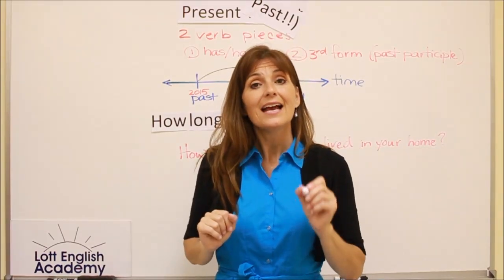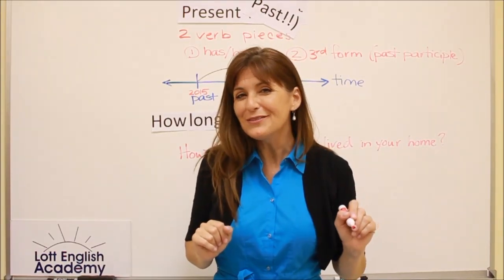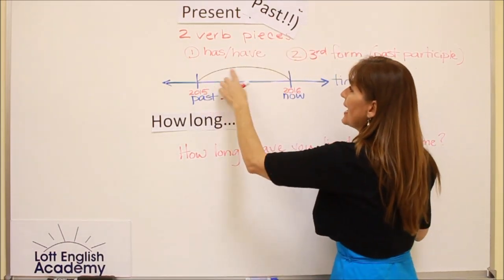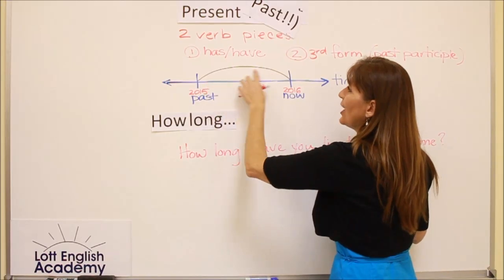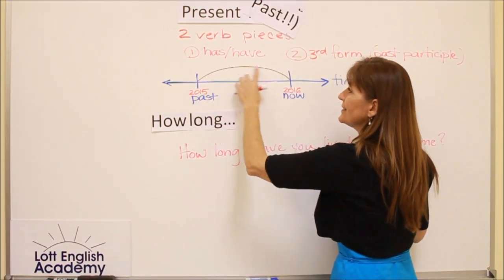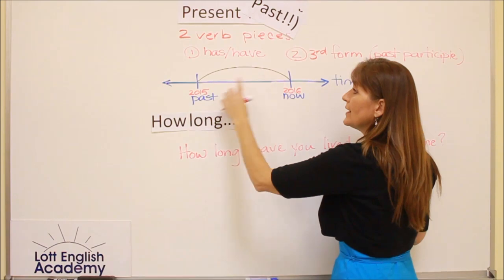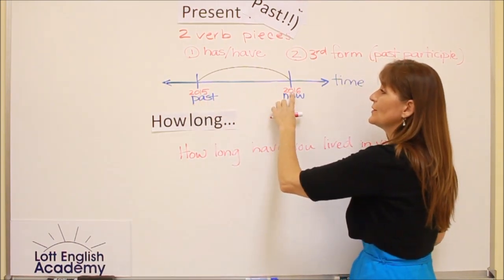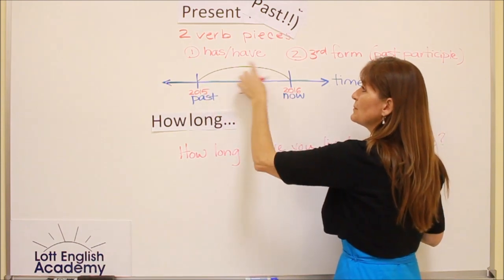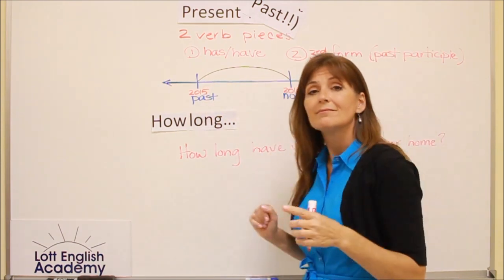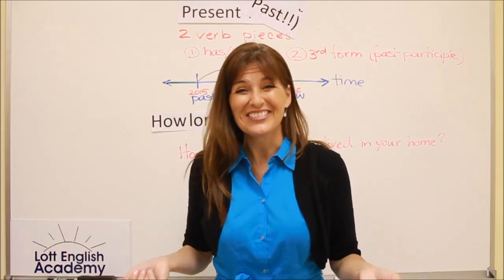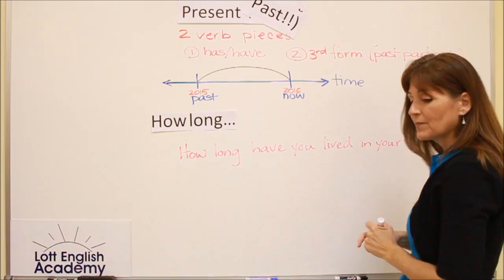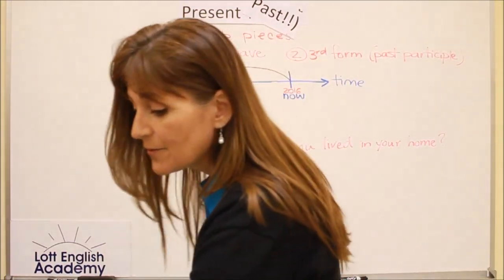If I say, how long have you lived in your home? What we're asking is, how long is this time from the past until now? If you moved in 2015 and now it's 2016, this period of time is 1 year.